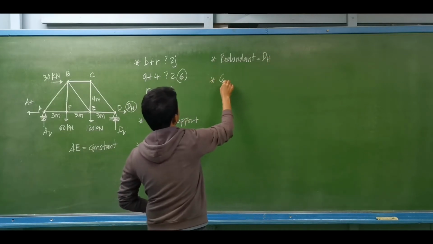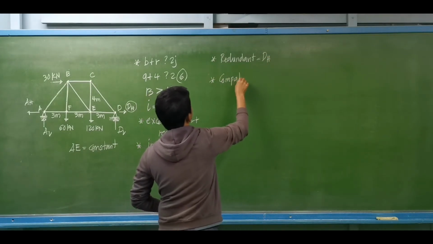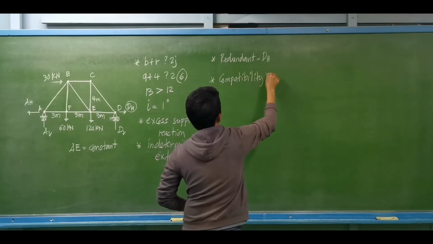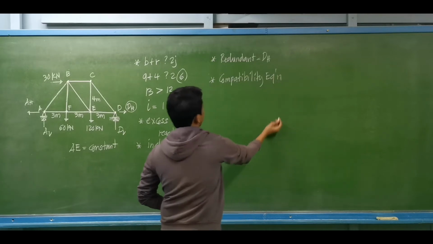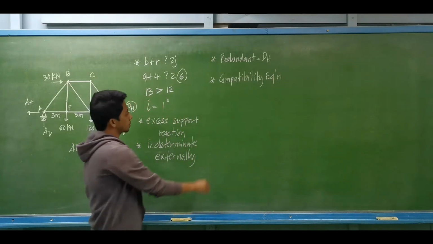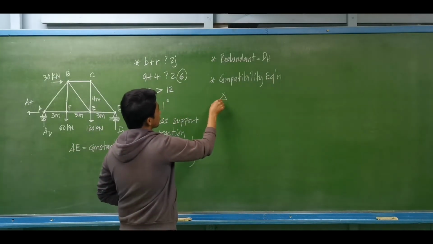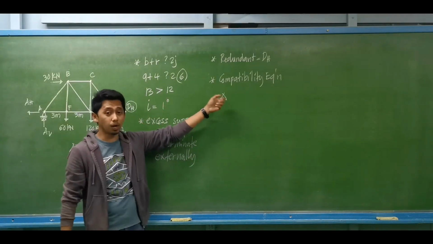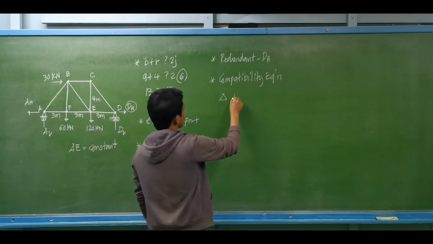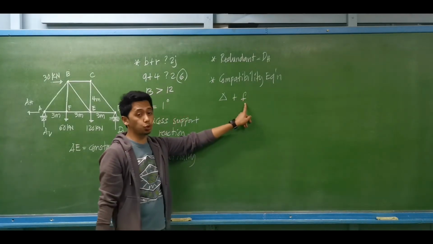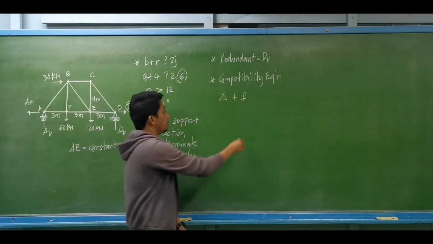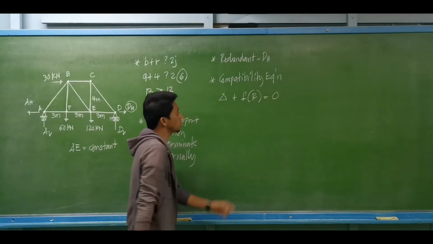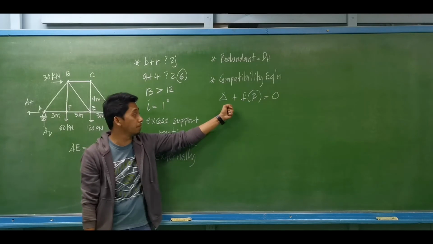Then our compatibility equation: the deflection of the truss due to the real load, plus the deflection of the truss due to the unit load multiplied by the redundant, should be equal to 0. This is from the concept of the virtual work method.